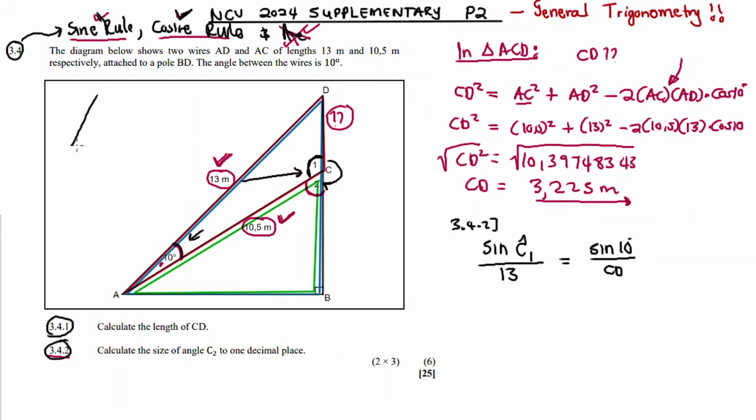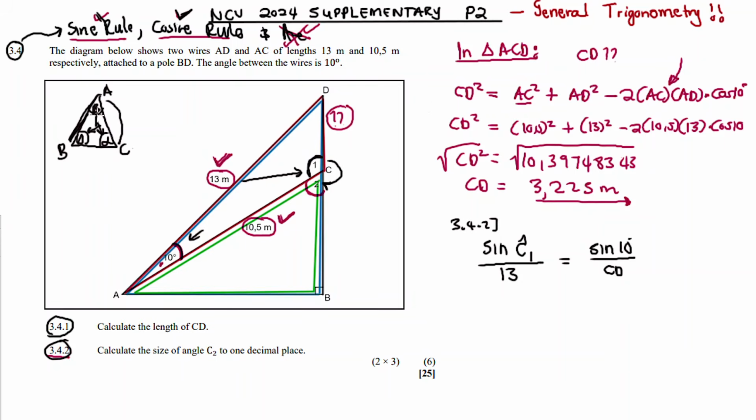So with the sine rule, let's say we have a triangle with vertices A, B, and C, right? And then here you have theta, here you have alpha, here you have beta. Okay, so if you take the sine of theta, you have to divide by its opposite side, the opposite side of that angle. If you're going to take the sine of alpha, you're going to have to divide by the side that is opposite to that angle alpha.